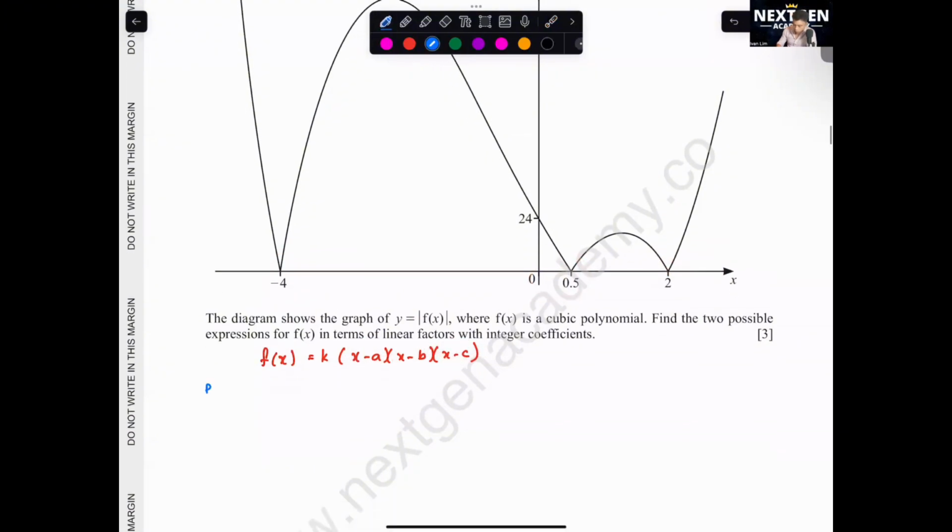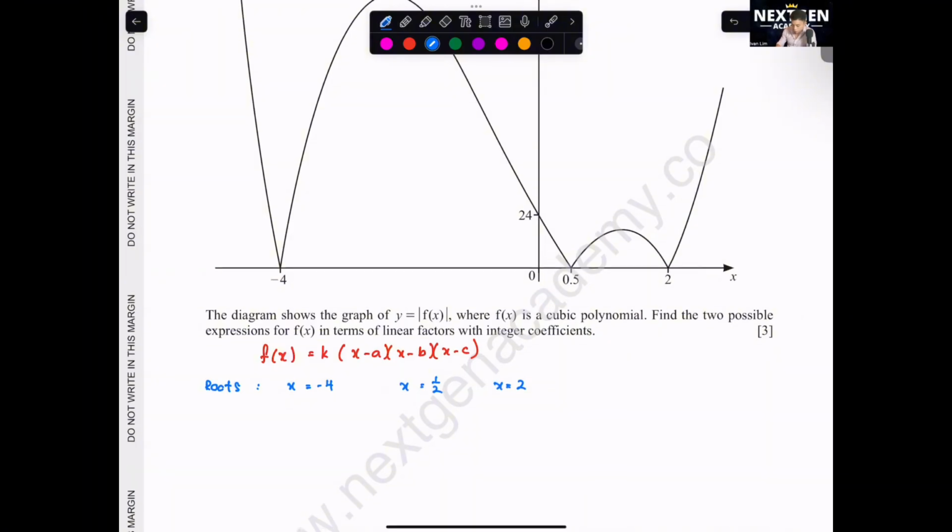What are the roots? We've got x equals minus 4, then 0.5, which we're going to write as 1 over 2, then here, x equals 2. Then we put it into x minus 4 equals 0. This one, you write as 2x minus 1 equals 0, like how you do your factors when we do quadratics.